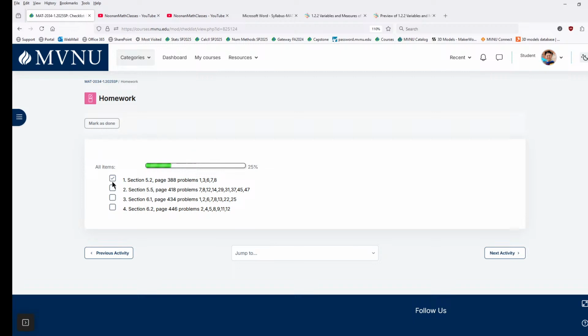I don't know if this is useful to you or not, but I thought I'd experiment with this particular way of putting information on Moodle. And if it's annoying to you, then I can always just go back to the static thing that doesn't have the checkboxes. Yes, for Monday, it's this first one, section 5.2, whatever page that is. And we're going to have time for that, hopefully, because we're going to be able to cover the material. Unlike in statistics, for those of you who were in statistics an hour ago.